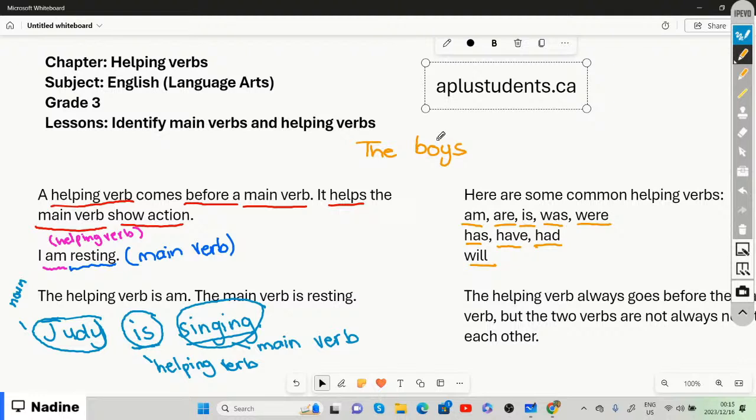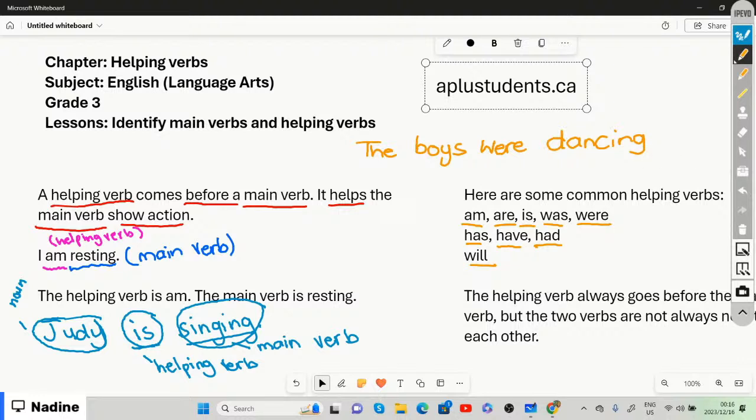It shows that there's more than one person doing the action. So now we're going to say the boys, and we're going to choose one of the helping verbs over here. Then we say the boys were, right? So the boys were, let's say, dancing.